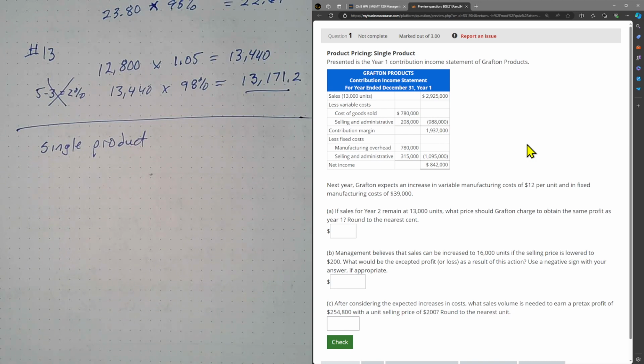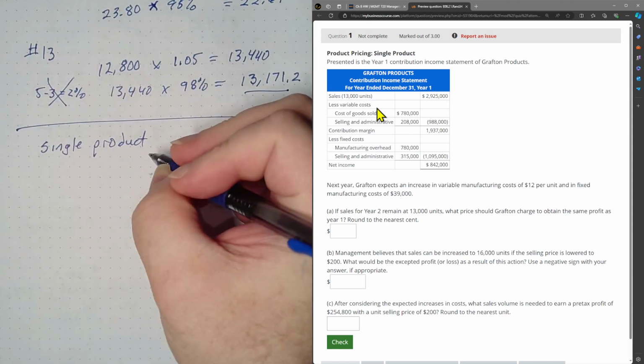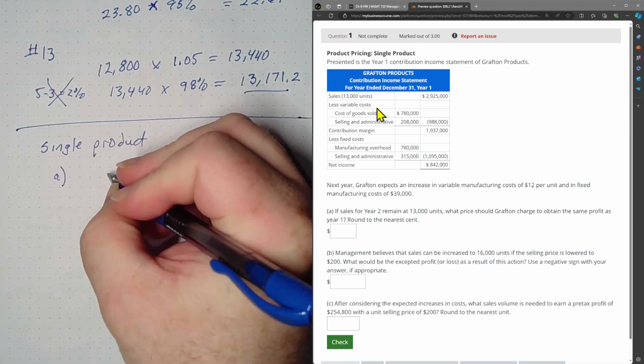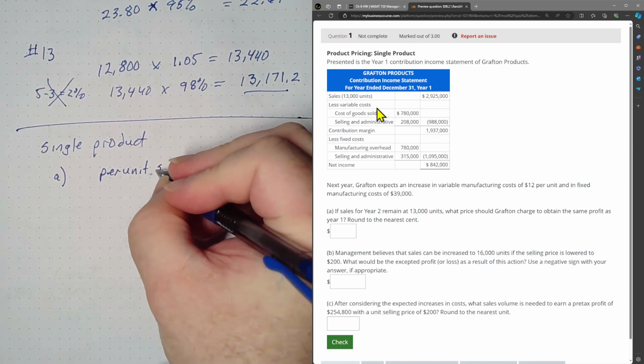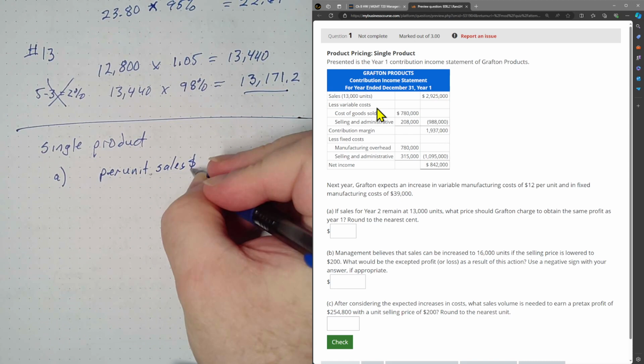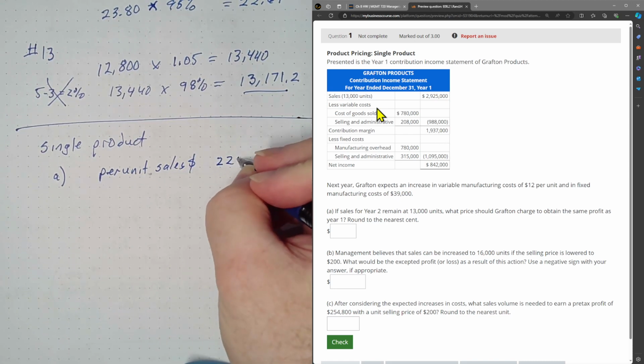First thing we want to know is, what is the sales per unit? And so we would take 2,925,000 divided by 13,000. Our per unit sales price is 225.